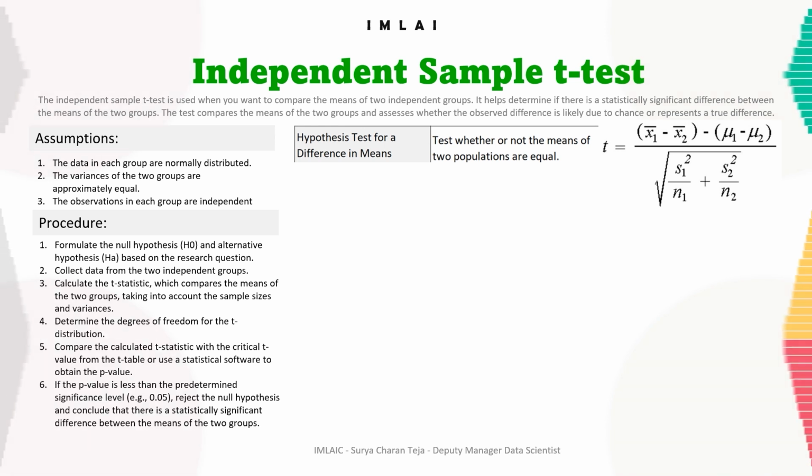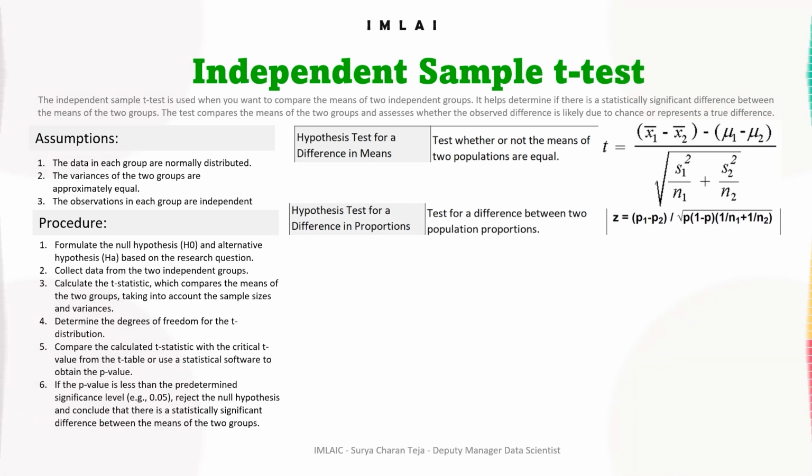These are the means of the groups, and x1 bar minus x2 bar is the difference of the means of the groups, and mu1 minus mu2 is the difference of the hypothesized means of the groups, divided by the term with s1 and s2, the standard deviations of the groups, and n1 and n2, the sample sizes of the groups. Of course, we do not know exactly what the sample size of n1 and n2 will be.